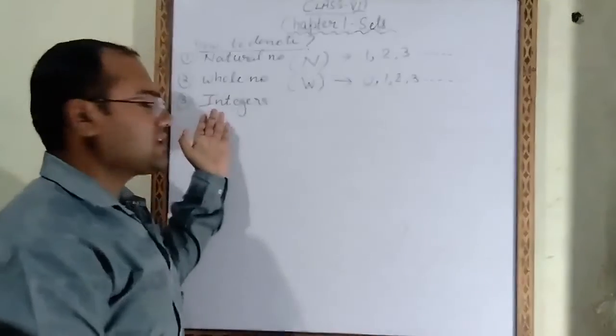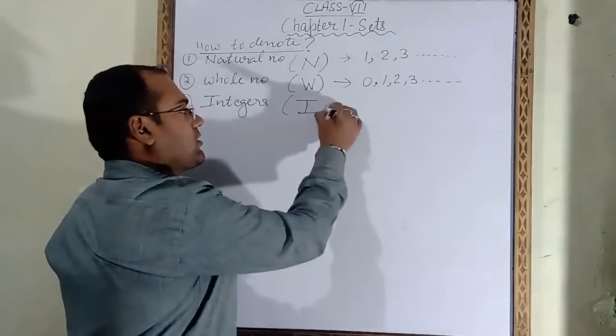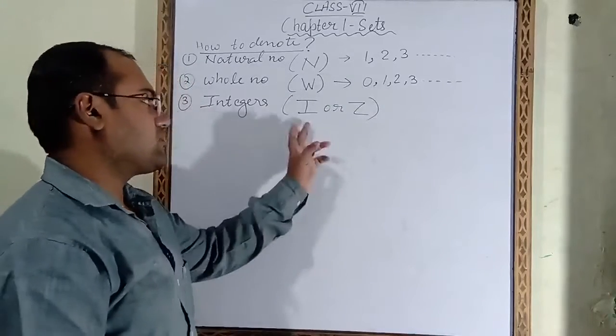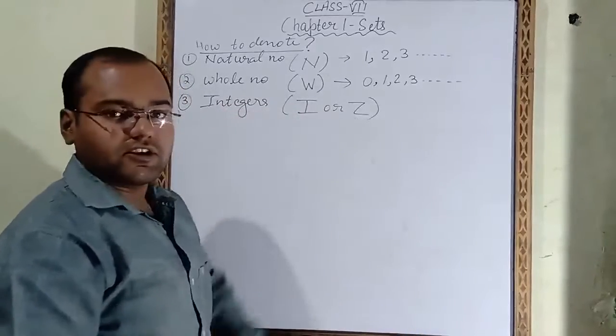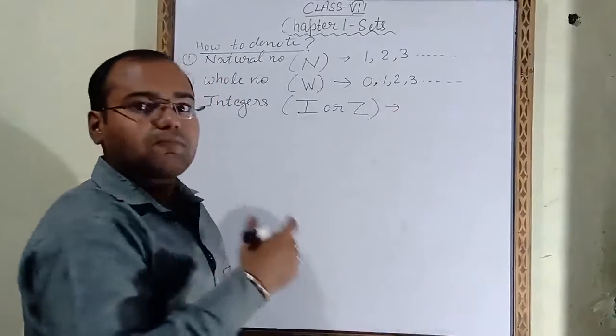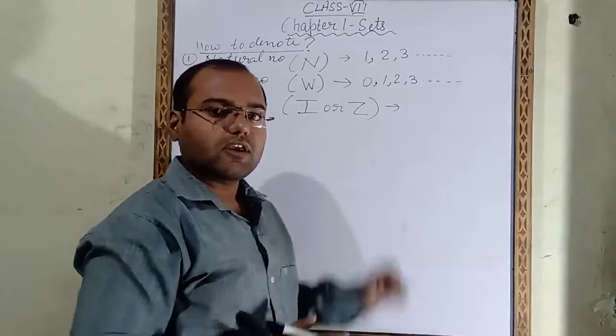Now the third one is integers. To represent integers, we can use either capital I or capital Z. These are the two alphabets which we have to use to represent integers. Now what are integers? All the negative and positive numbers including 0 come under the category of integers.